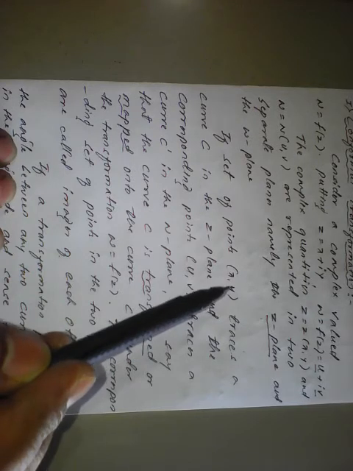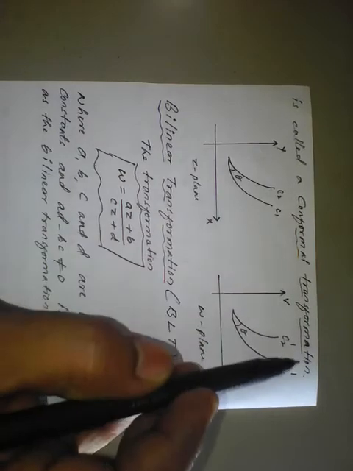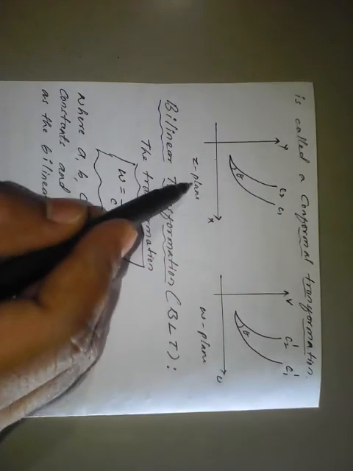The mapping from z to w is in general what we call a conformal transformation. Next, if a transformation preserves the angle between any two curves, both in magnitude and sense, then it is a conformal transformation. You can see the image here.